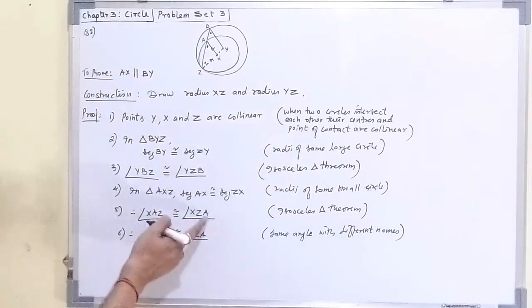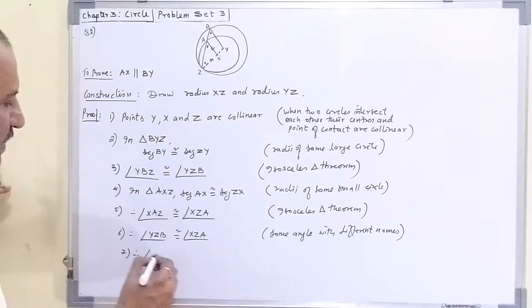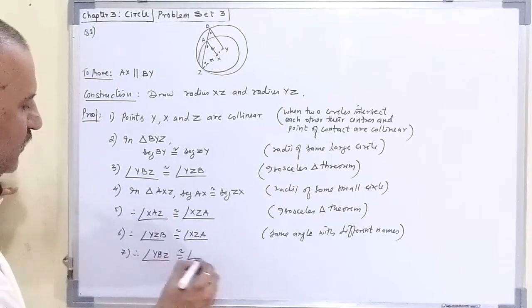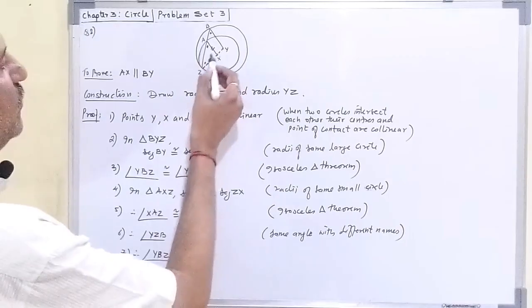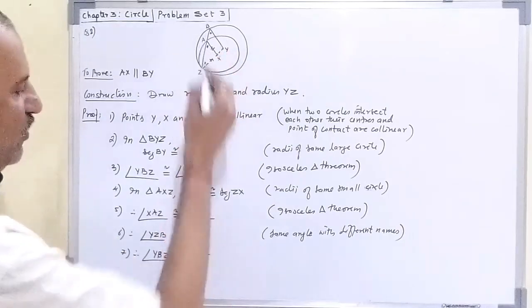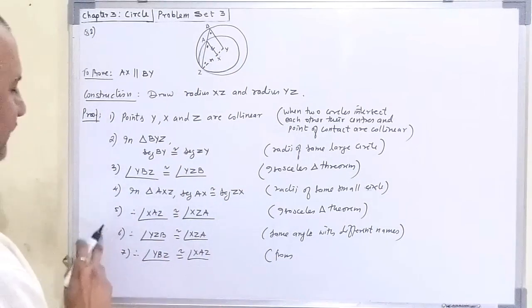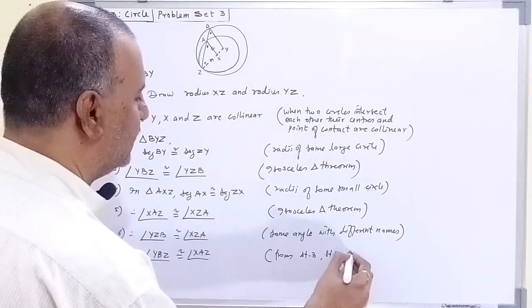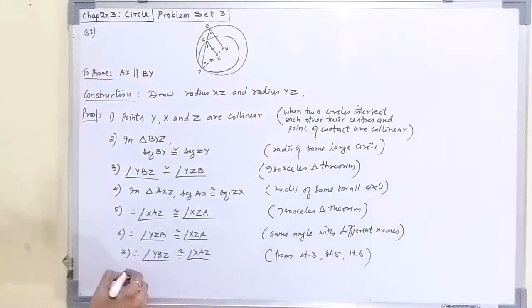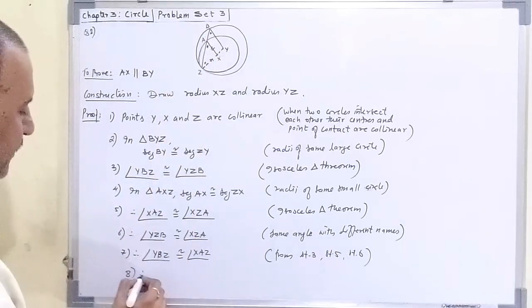Since right hand sides are equal, left hand side will be equal. Therefore 7. Therefore angle YBZ congruent to angle XAZ, देखो. So YBZ congruent to angle XAZ, from segment number 3, 5 and 6. तो ये F फॉर्म हो रहा है और ये तो कॉरेस्पॉन्डिंग एंगल्स कॉन्ग्रुएंट है.